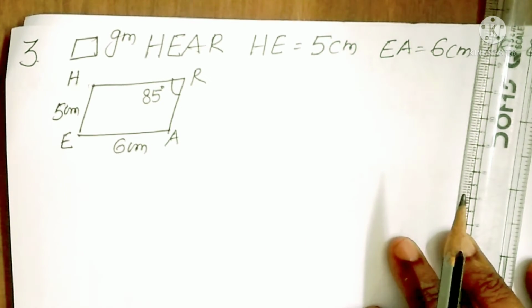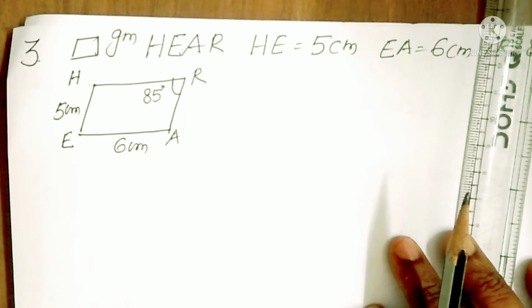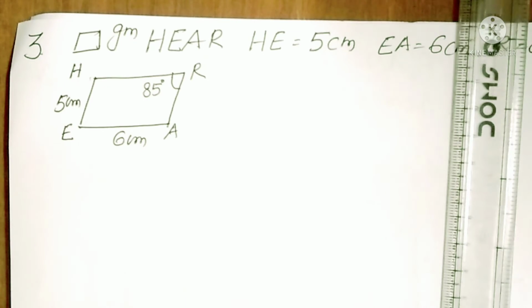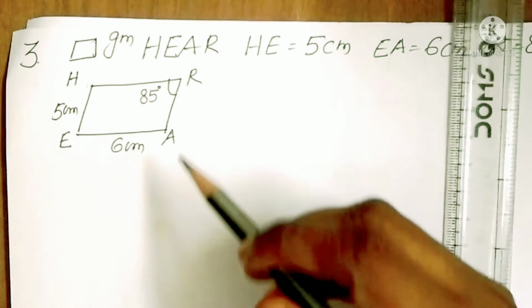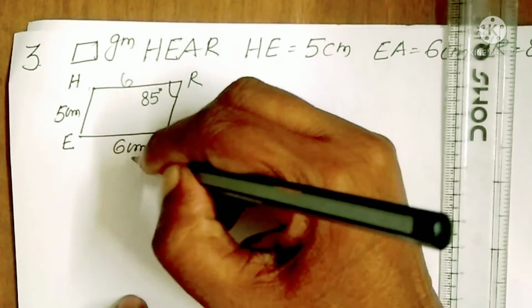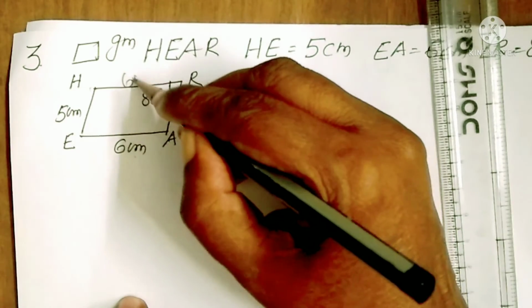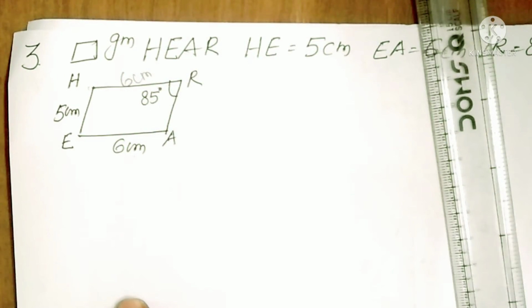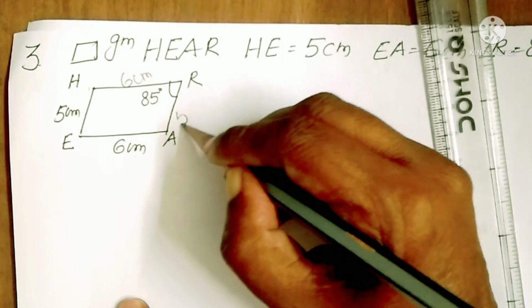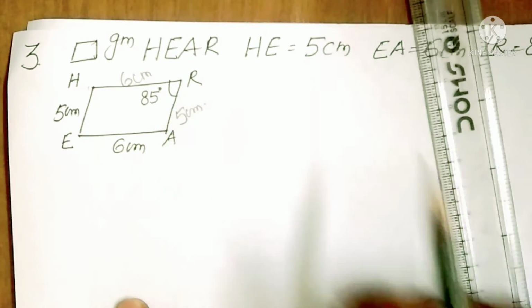So, what do we do? We use the properties of parallelogram to find out the remaining measures. Now, how will you find the remaining measures? What are the properties of a parallelogram? Just think. We know the opposite sides are equal and parallel. So, if this side is 6 centimeter, this also will be 6, and these two sides will be equal to 5 centimeter.